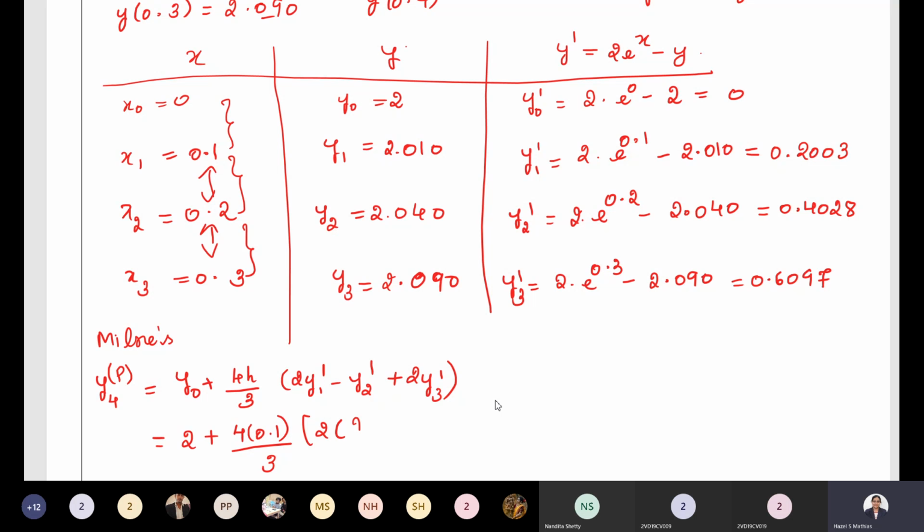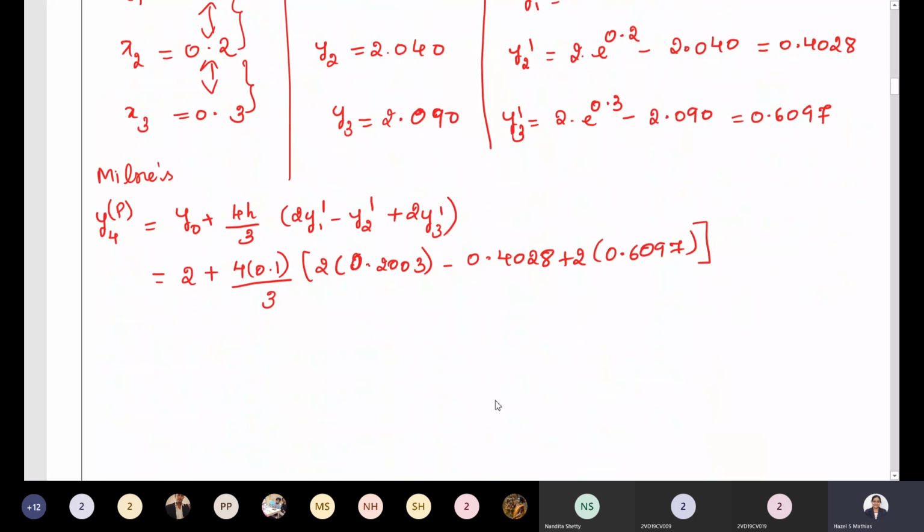Next 2 times y1 dash. From the table y1 dash value is 0.2003 minus y2 dash value is 0.4028 plus 2 times y3 dash value is 0.6097. Work out everybody. Please practice. Do not read out just the answer. Work out. Very important. 2.1623.